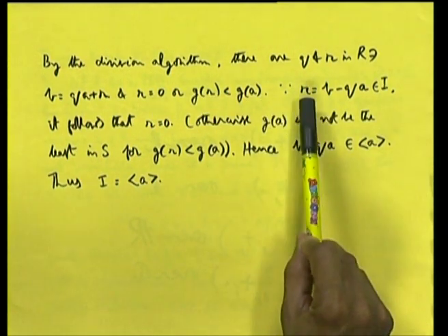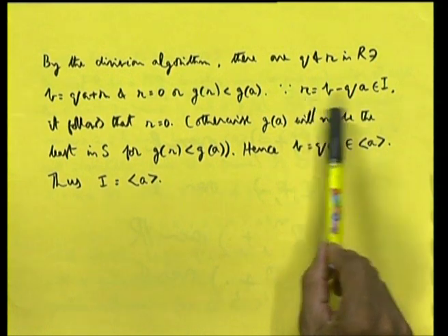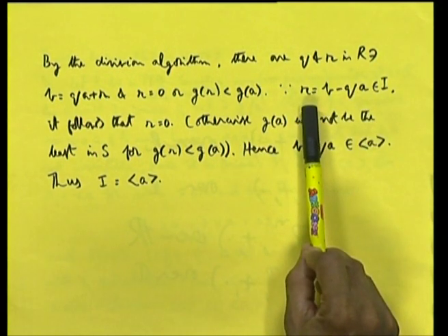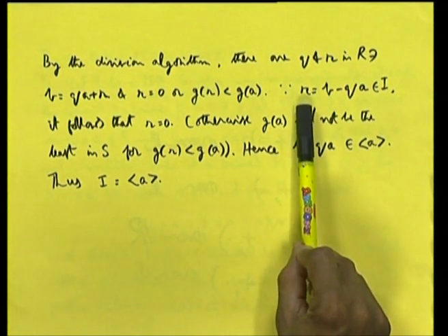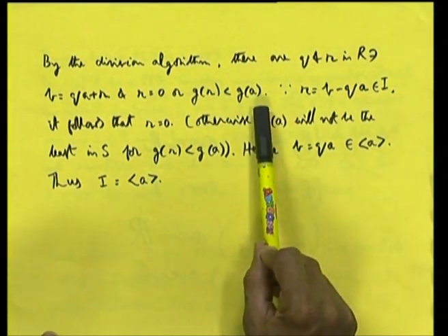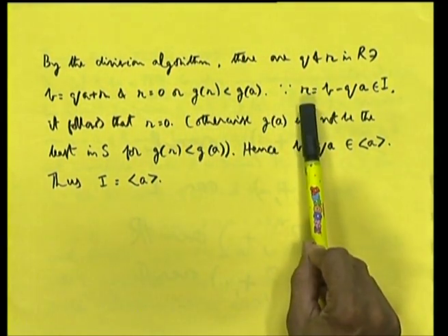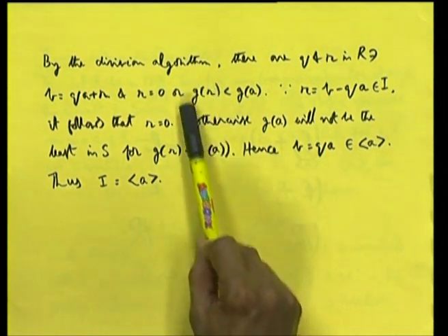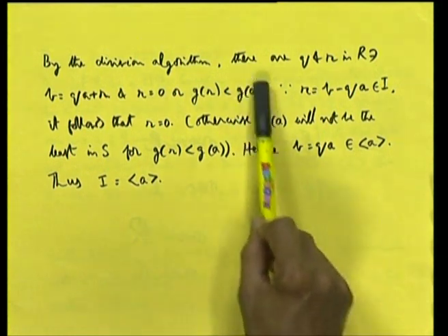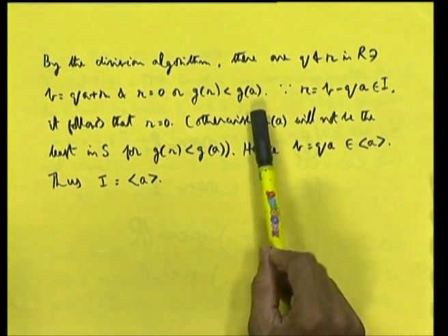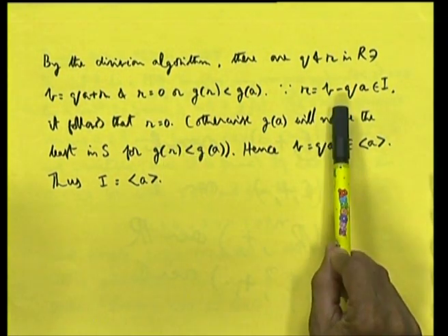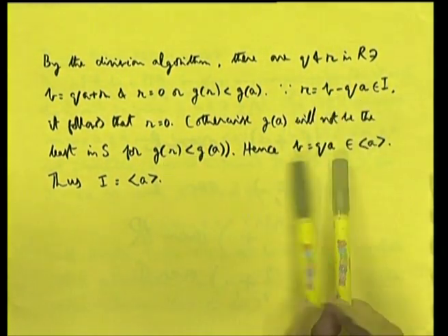We have an element r coming from I, and because r is non-zero, this belongs to the set capital S, and further we have g of r less than g of a. Therefore, this small r belongs to capital S with its g value less than g of a, but this violates the condition that g of a is the least such value. Therefore, r has to become 0, meaning b minus qa is 0, therefore b becomes qa.